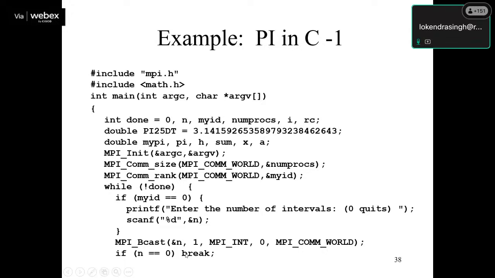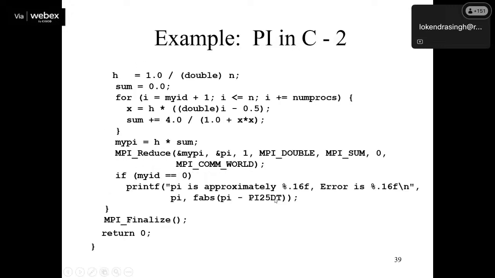Then it broadcasts. Broadcast means there are a number of processes, so it will broadcast from the root, from 0, to the remaining processing elements. Then it will do the calculations of the pi program and then generate the outputs.